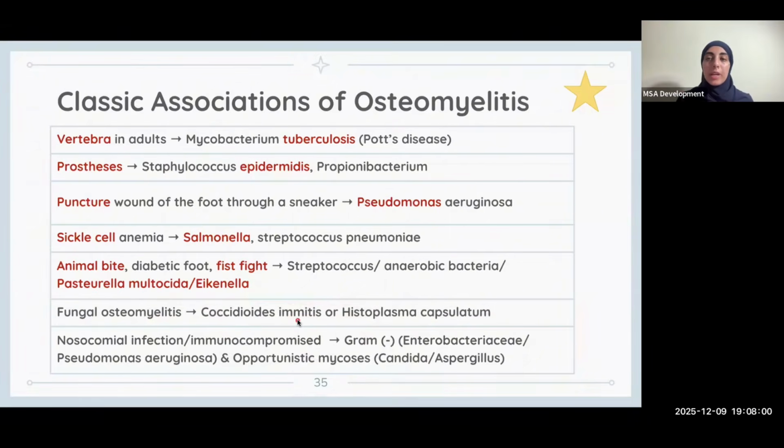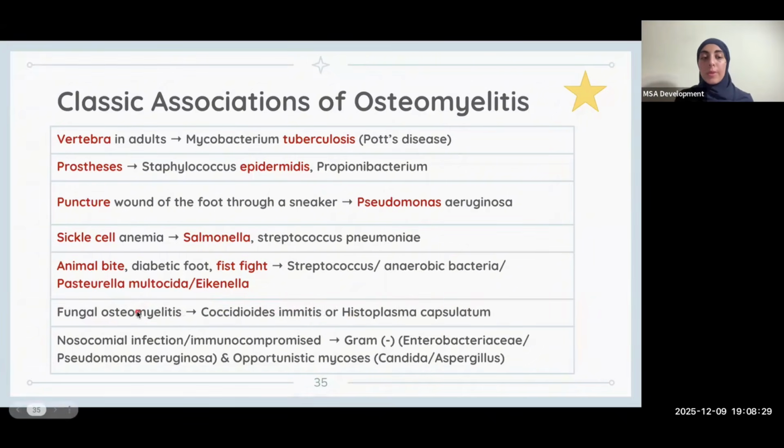So they are found in specific areas, mostly in North America and parts of the US. They are endemic there, so they can cause fungal osteomyelitis, and the person getting them does not necessarily have to be immunocompromised. It can affect anyone who lives in that area, okay? So these endemic mycoses are Coccidioides immitis and Histoplasma capsulatum, okay?